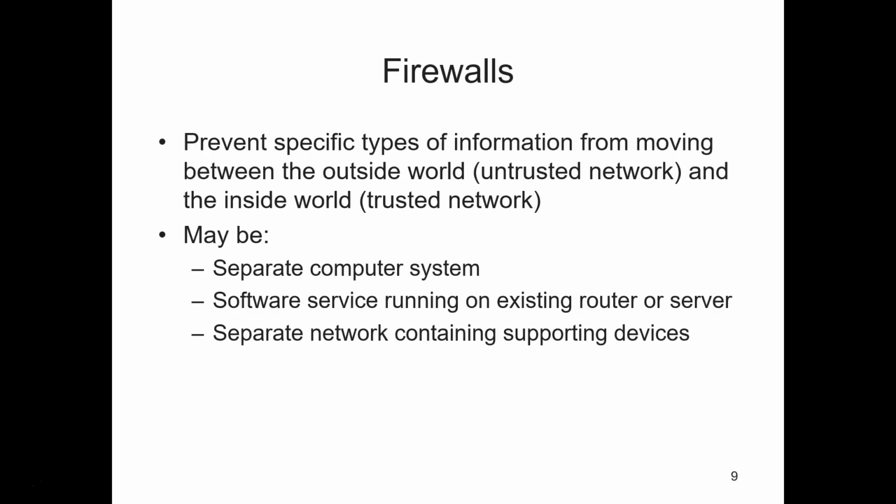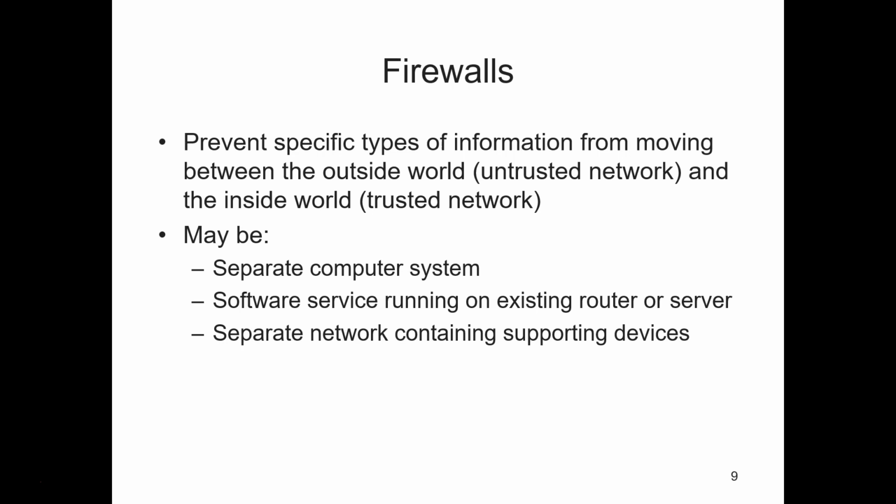To protect the system from untrusted entities, we can use a protection layer, or what is called a firewall. So a firewall basically prevents specific types of information from moving between the outside world, known as the untrusted network, and the inside world, known as the trusted network.